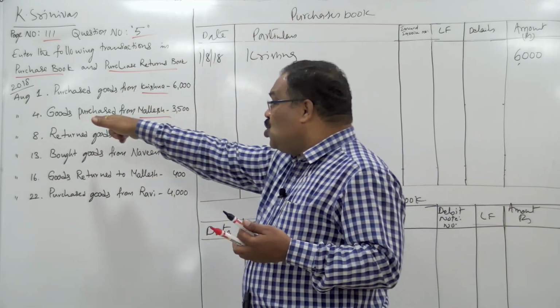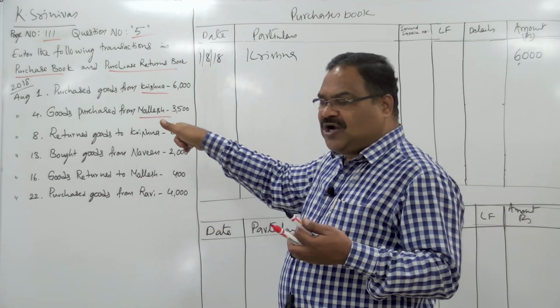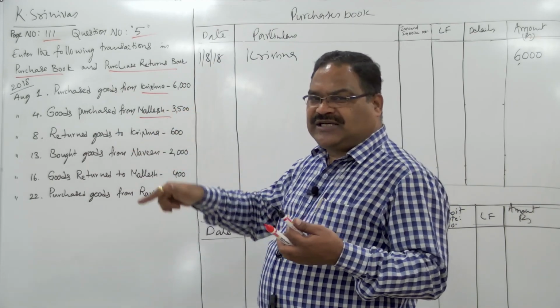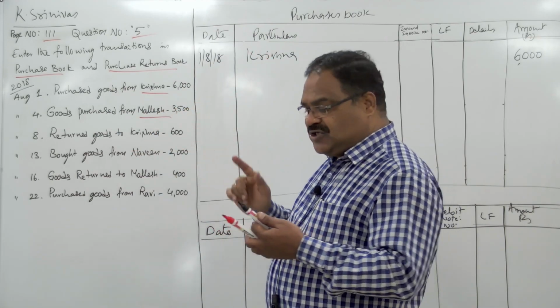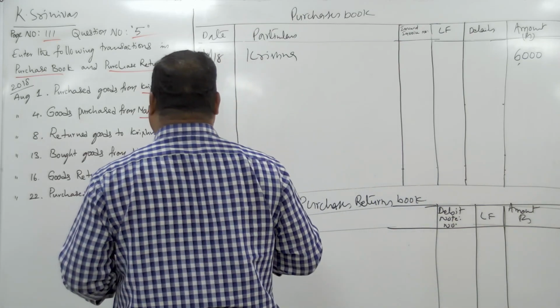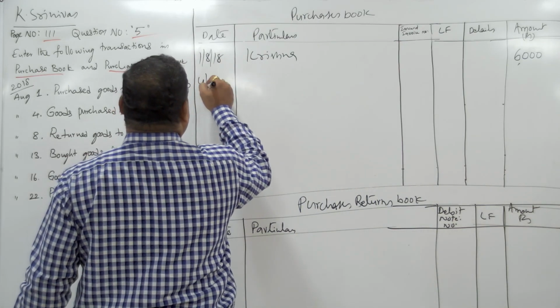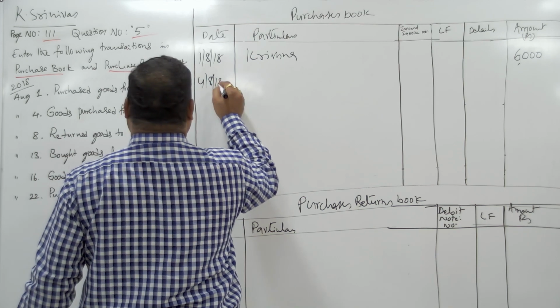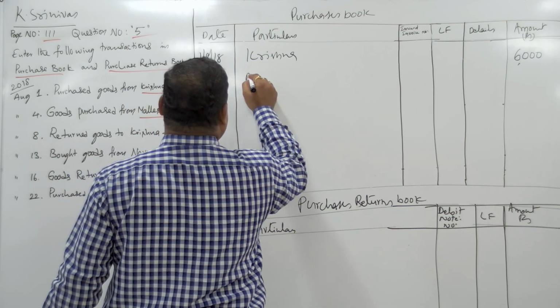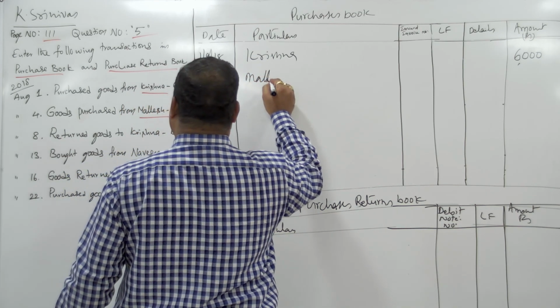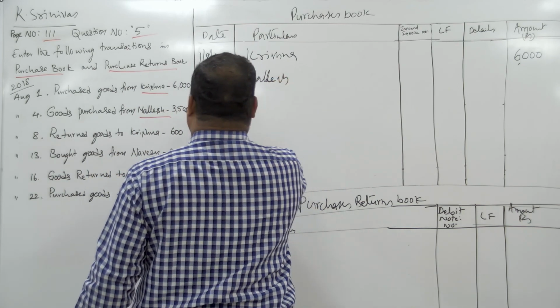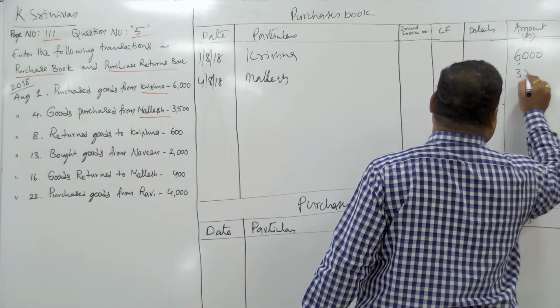But here, goods purchased from Malaysia is given. Because of that, it is a credit transaction, and should be taken into the purchase book. So directly, the date is 4th August 18, Malaysia, 3,500.